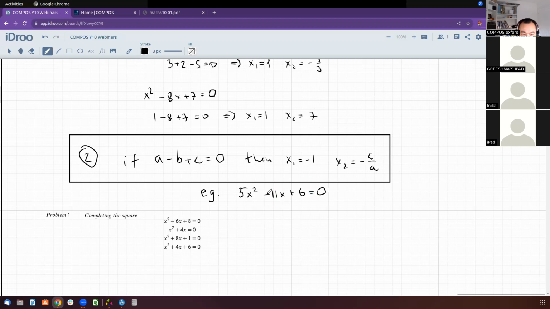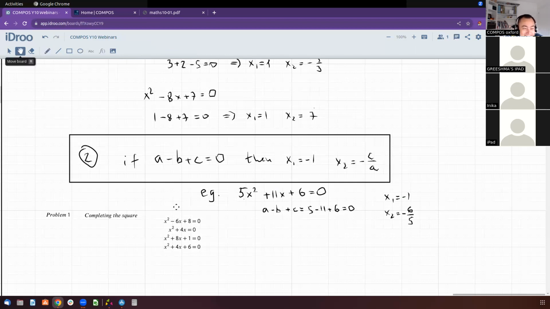You can see immediately that a plus b plus c is not 0, but a minus b plus c is 0: 5 minus 11 plus 6 is 0. Therefore, it is special case number 2, the first solution is minus 1, and the second solution is minus c over a, so it's minus 6 over 5. It's brilliant. You'll be surprised how often that works, as I said.